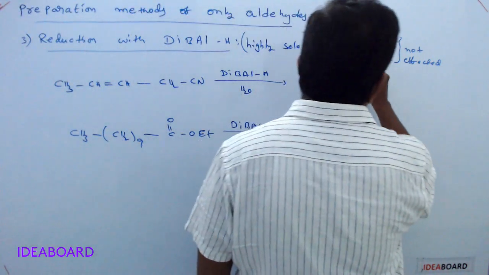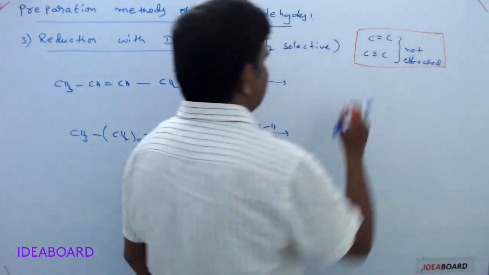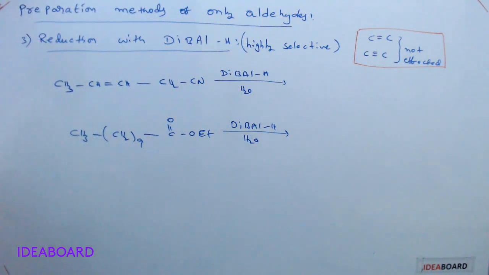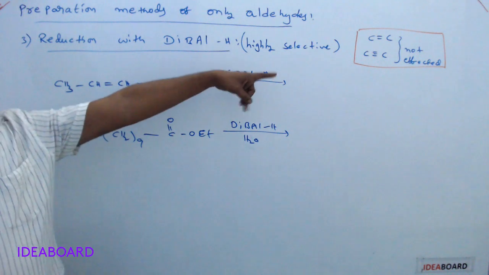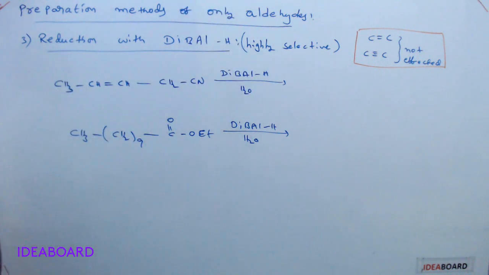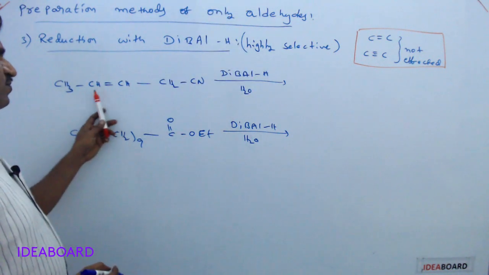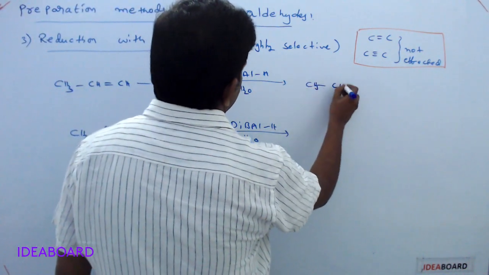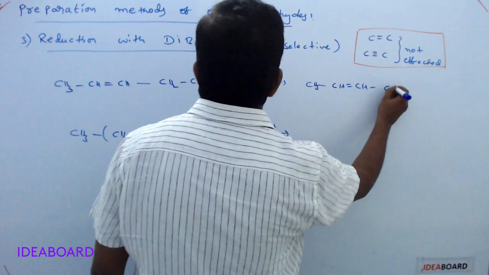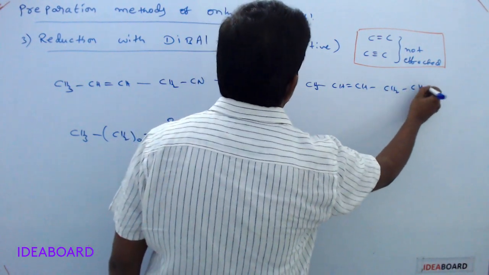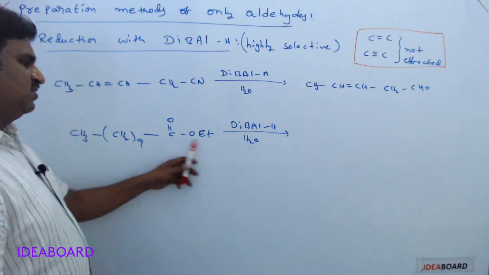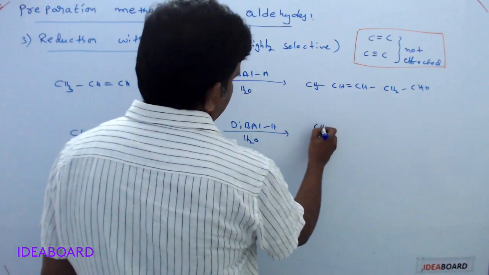Whereas lithium aluminum hydride sometimes affects C double bond C, but DIBAL-H does not affect C double bond C and C triple bond C. So in this process, if we have C double bond C, it is not affected, simply CH double bond CH, and it is CH2 CHO.